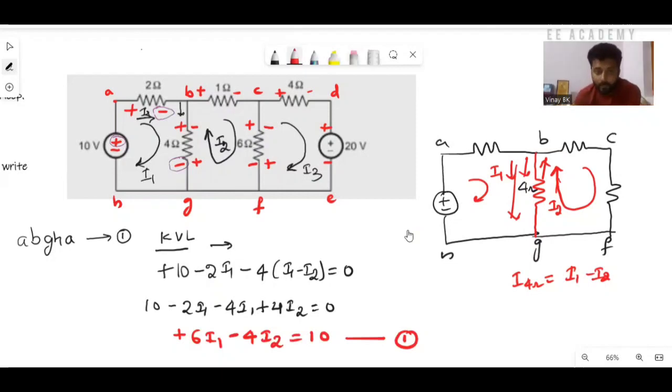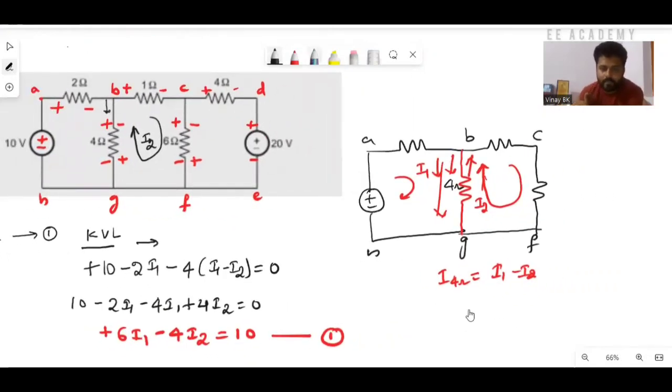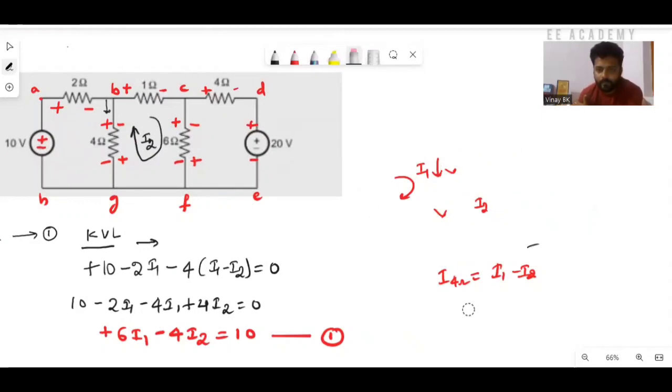Now I'll erase loop 1 to make it understandable for loop 2. Okay, so now we can consider loop 2. For loop 2, how will we write the expression?